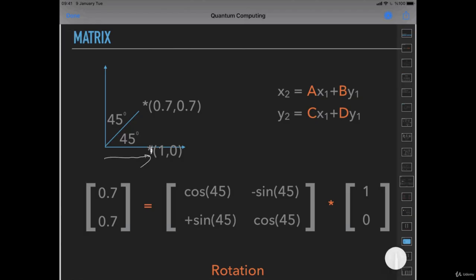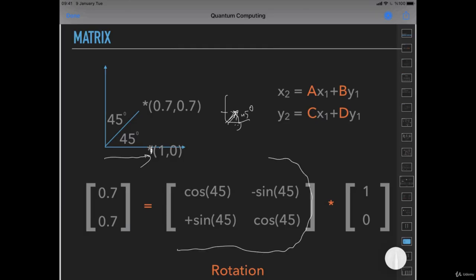So for example, if we take 1, 0 as x1, y1, this is our initial state, and just consider that we are taking this vector from here to an angle that is 45 degrees. We are trying to transform this vector into that state.